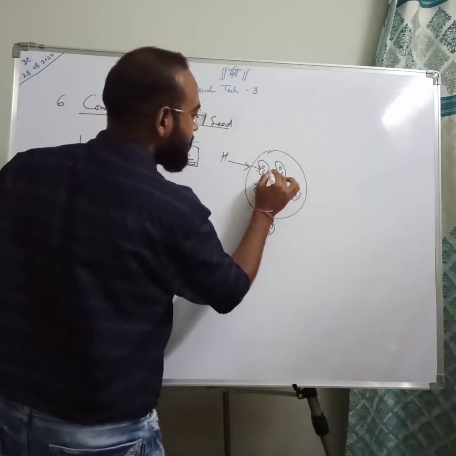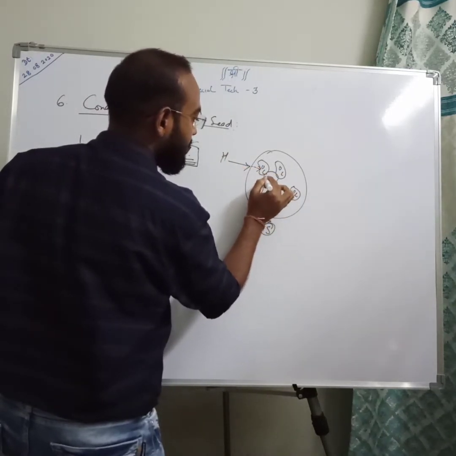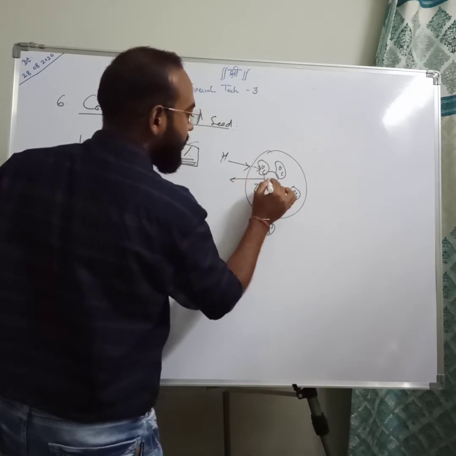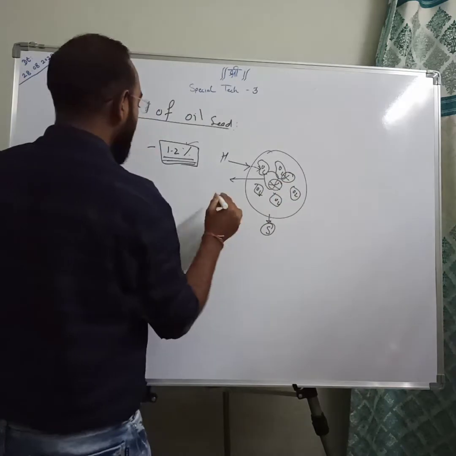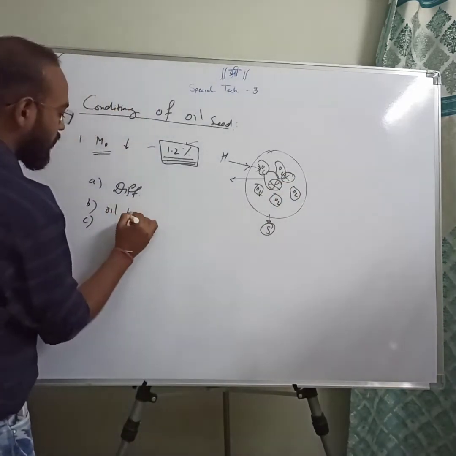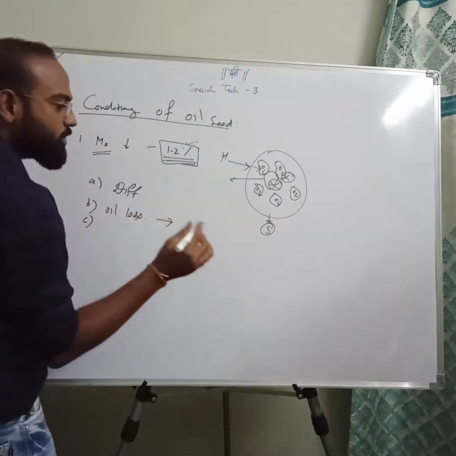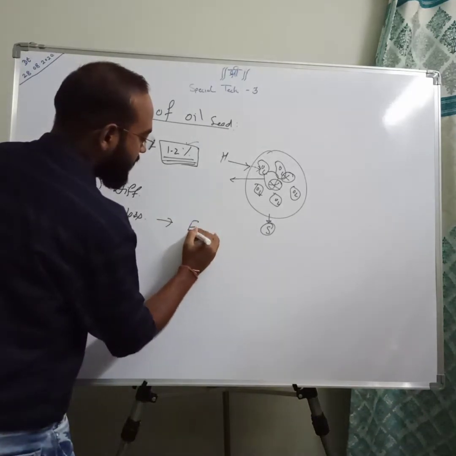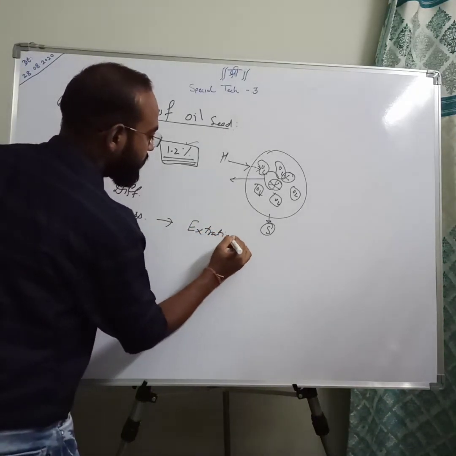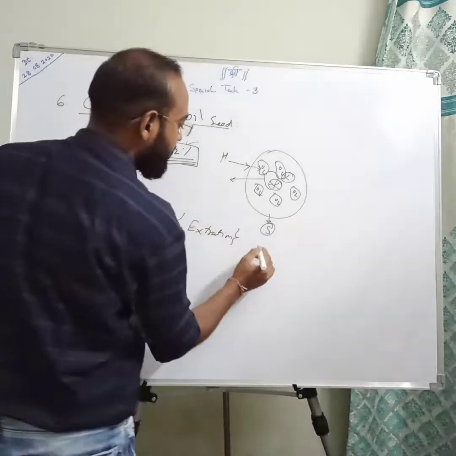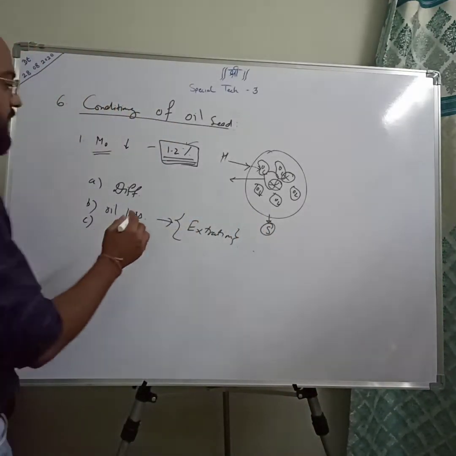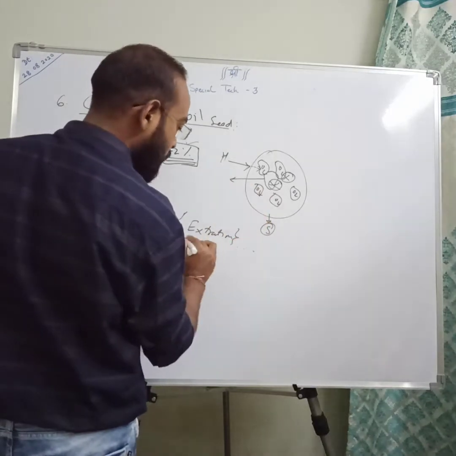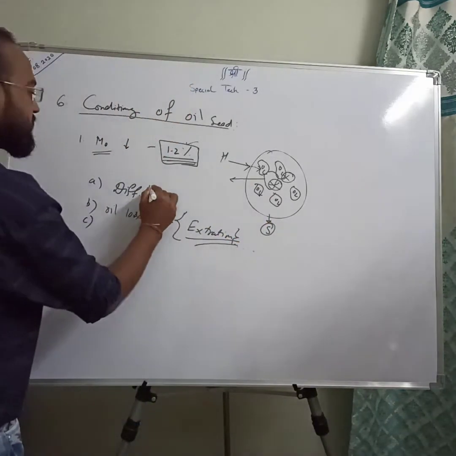The wall of the oil cells is weakened, and there is a strong chance the oil cells get exploded and oil loss occurs before your seeds are sent to the extraction process. Means during pre-treatment, when the seeds are undergoing the pre-treatment process, there is a strong chance the oil cells get exploded and oil loss occurs. This is the second drawback.